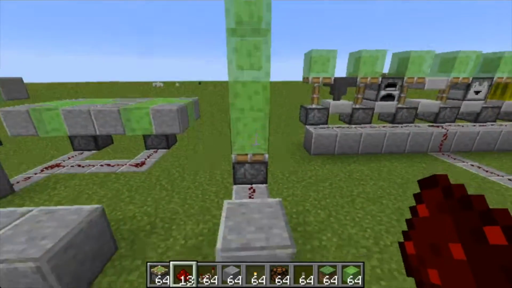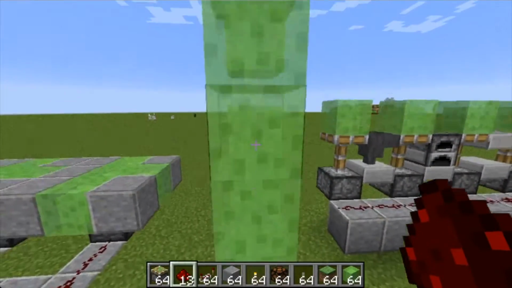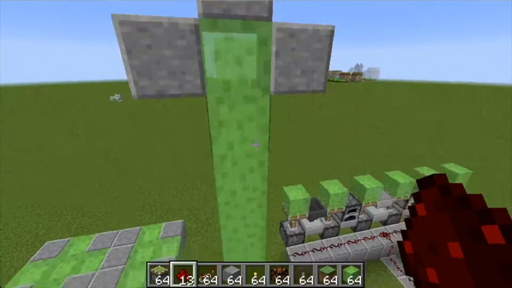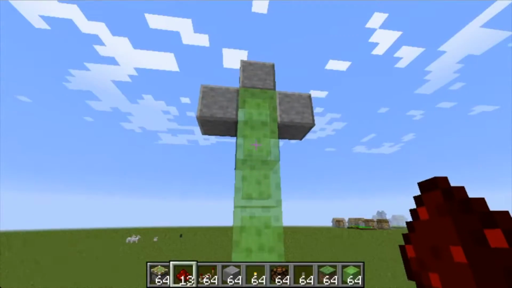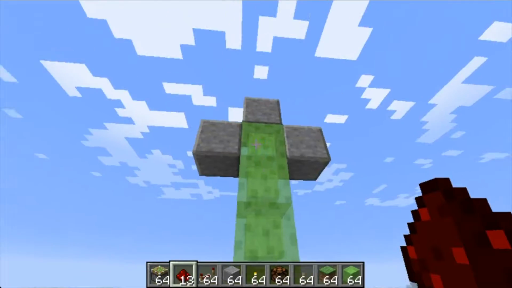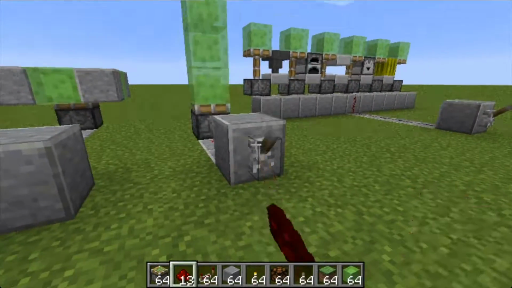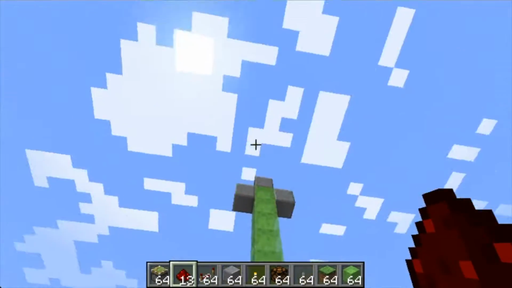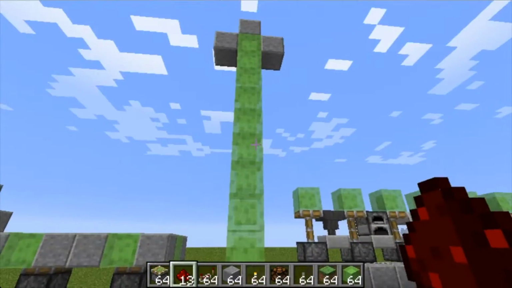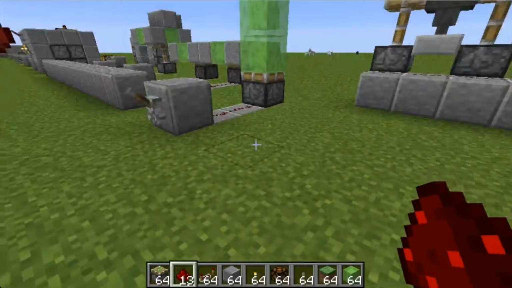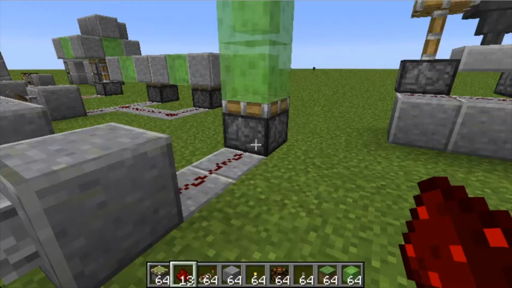Now, again, slime blocks can attach to slime blocks, which can do anything you want. So this is actually exactly 12 blocks in total. There's 9 slime blocks and then 3 other blocks. So this whole thing will actually extend one block and pull back one block.